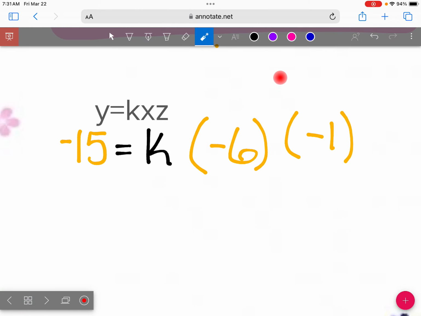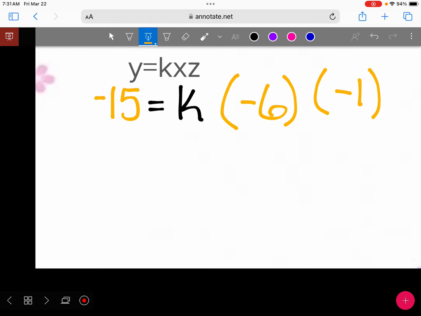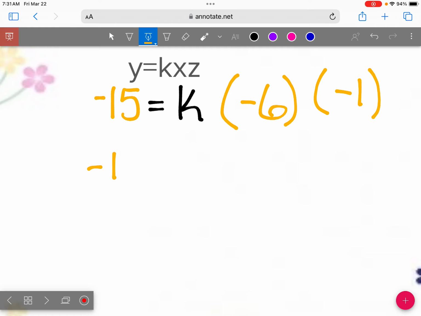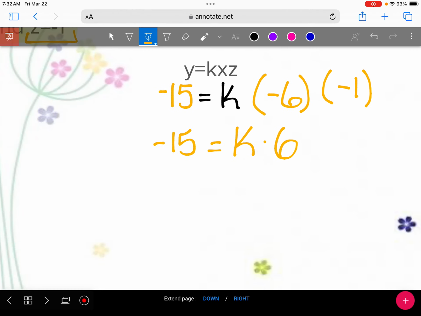So let's simplify this right-hand side. We've got my negative 15 equals k times negative 6 times negative 1, which is positive 6. And what can we do to get k by itself?